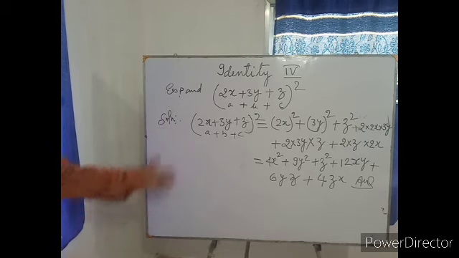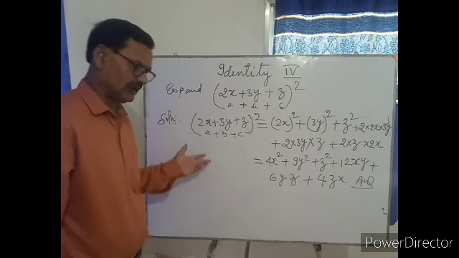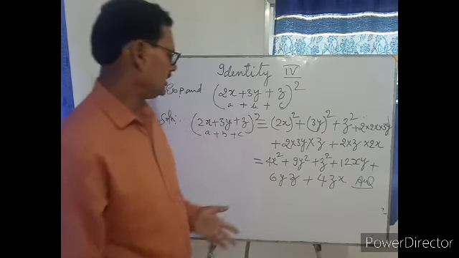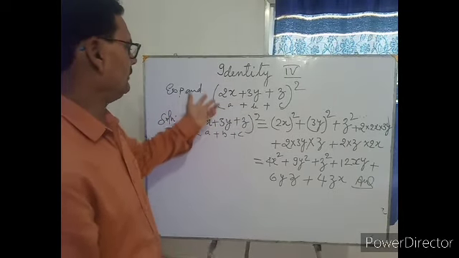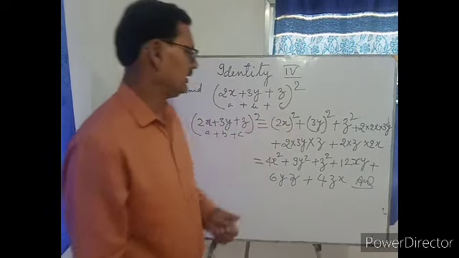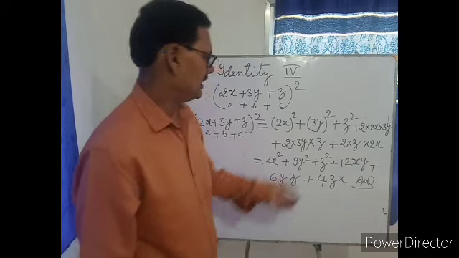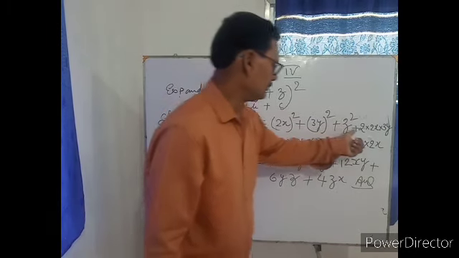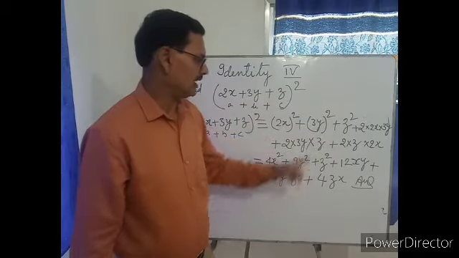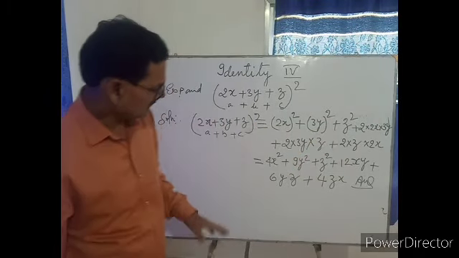Any problem? See here, 2x is equal to a, 3y is equal to b and z is equal to c. Now you recall the formula: (a plus b plus c) whole square is equal to a square plus b square plus c square plus 2ab plus 2bc plus 2ca.